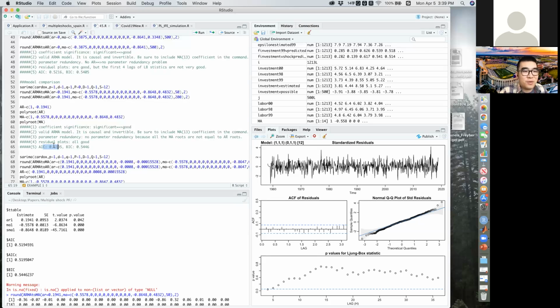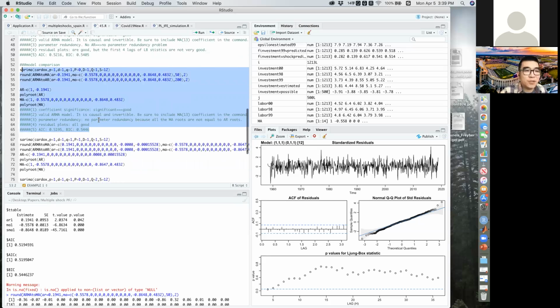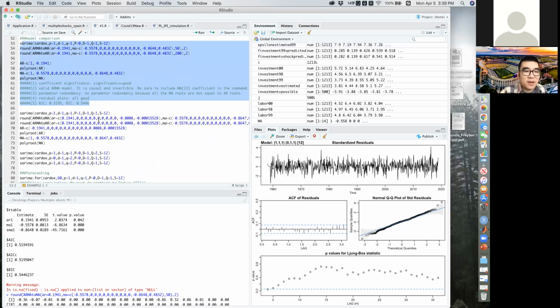Criteria number 5, I think similar, and criteria number 4, I think model number 2 is better than model number 1. So for now, let's use model number 2, but this is not an ending point. I want to try some other models and see if those models can be better than model number 2.